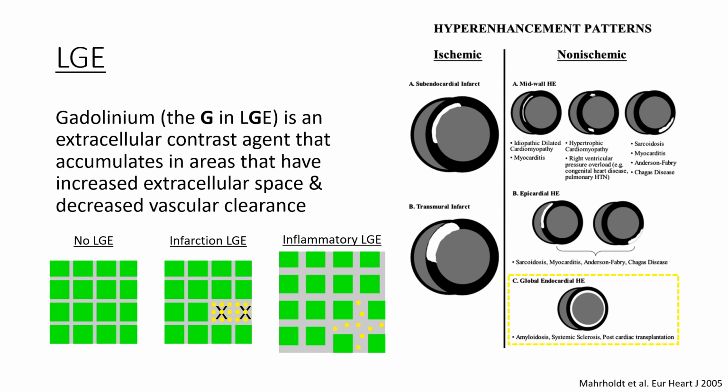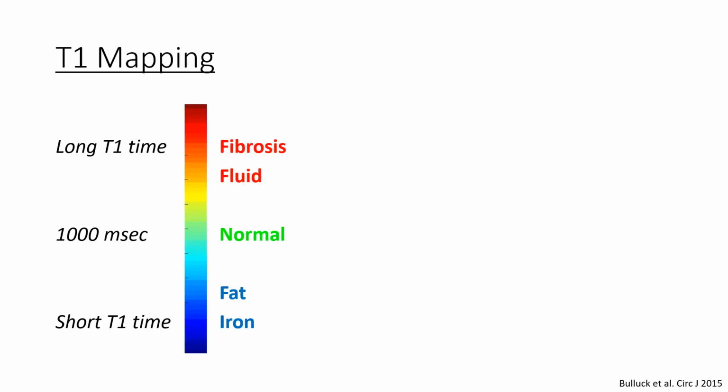I'll point to this last global hyperenhancement pattern as being particularly specific for either amyloidosis or scleroderma. T1 mapping is also used routinely in CMR to identify on a pixel by pixel level whether the T1 time corresponds to something that may be fibrotic or fluid containing as compared to something that may be fat containing or iron.